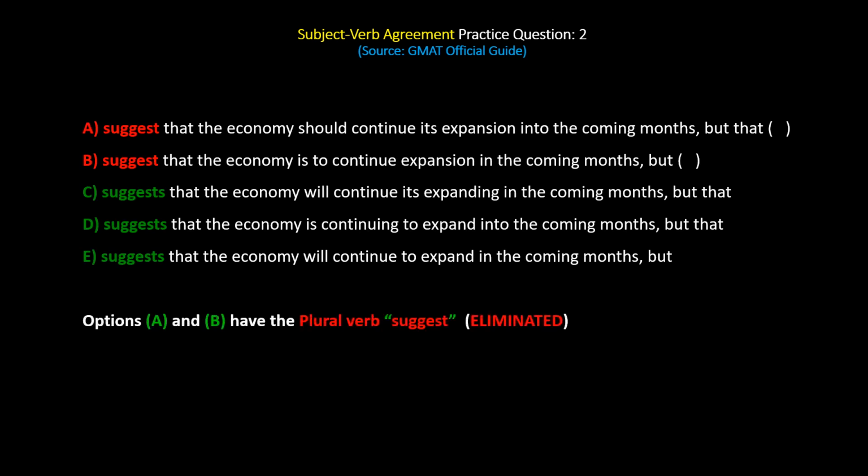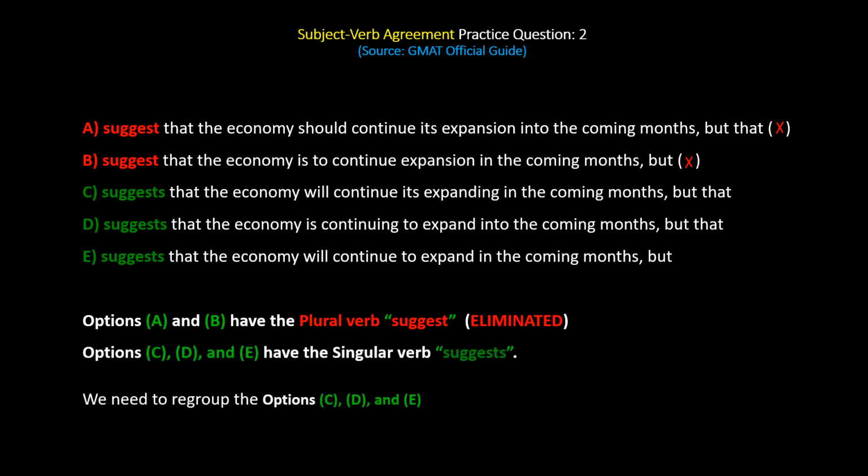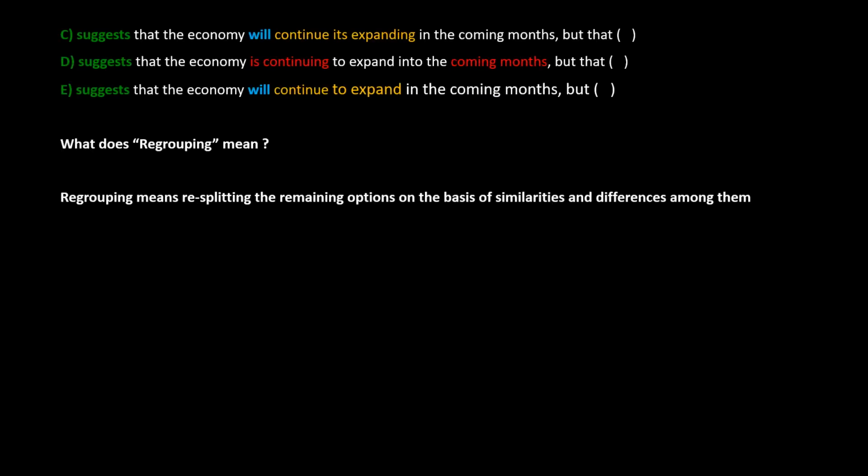What does regrouping mean? Regrouping means resplitting the remaining options on the basis of similarities and differences among them. The way we have grouped 5 options, in the same way we regroup or resplit the remaining 3 options.